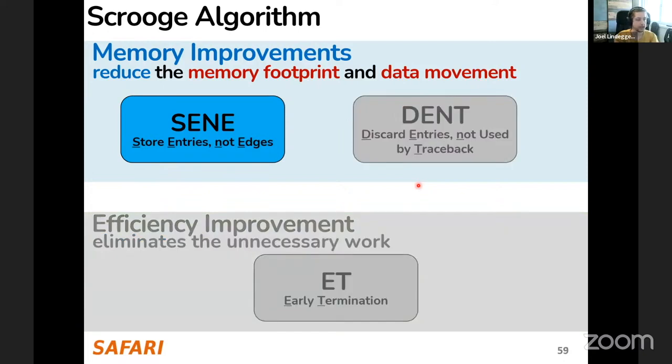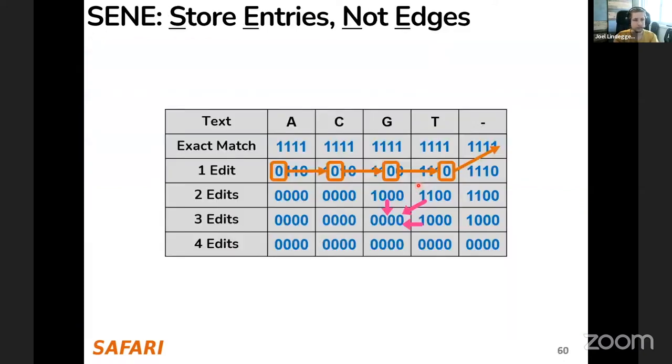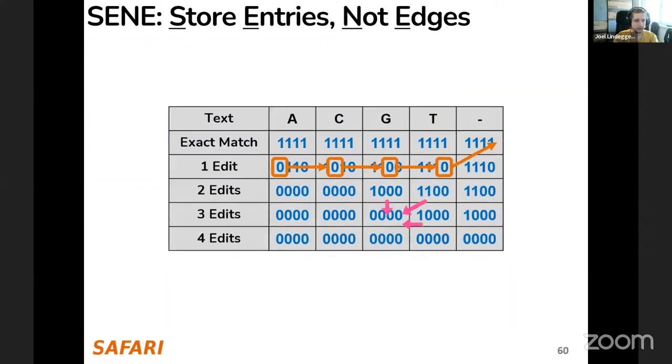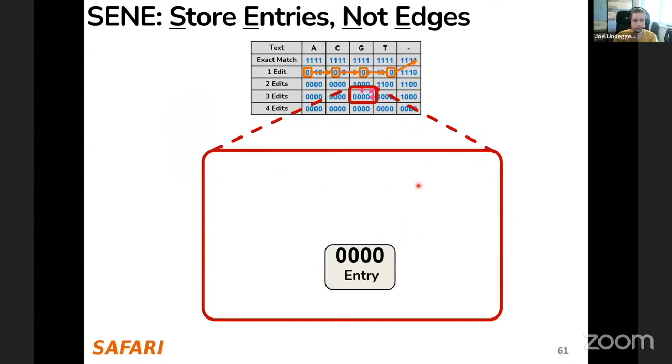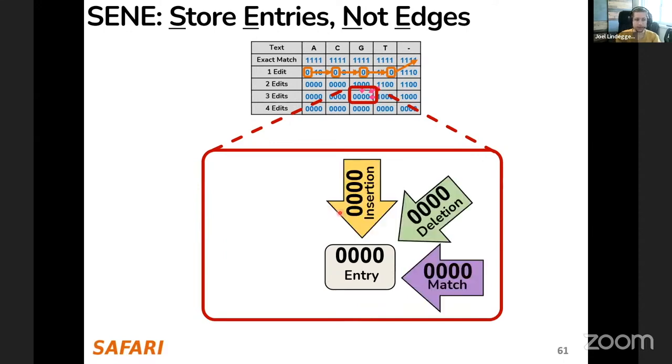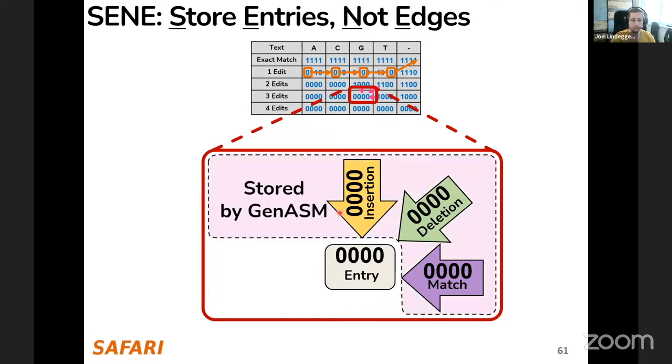So SENE stands for store entries not edges, and it comes from the observation that if you look at a single entry over here, what's actually stored by GNASM is not the entry, but rather 3 out of the 4 edges that produced this entry. So there are really 3 edges that are stored by GNASM to then be able to trace back where a given 0 came from in here.